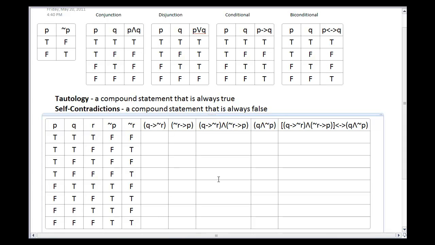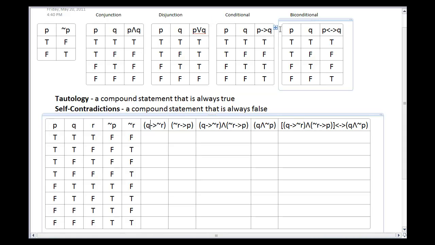So now let's talk. Q implies not R. Let's focus in on this implies part. This implies here is my conditional. Conditional statements are usually true. The only time conditional statements are false is when the left side's true and the right side's false. So that means that we want to focus in on something.